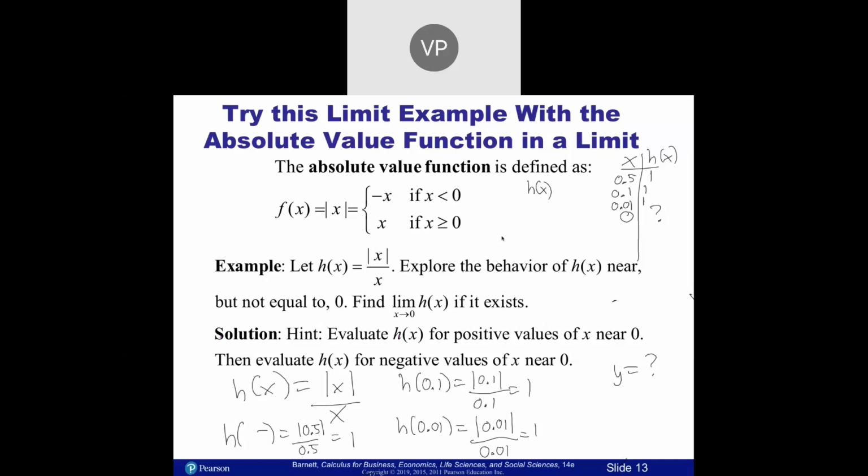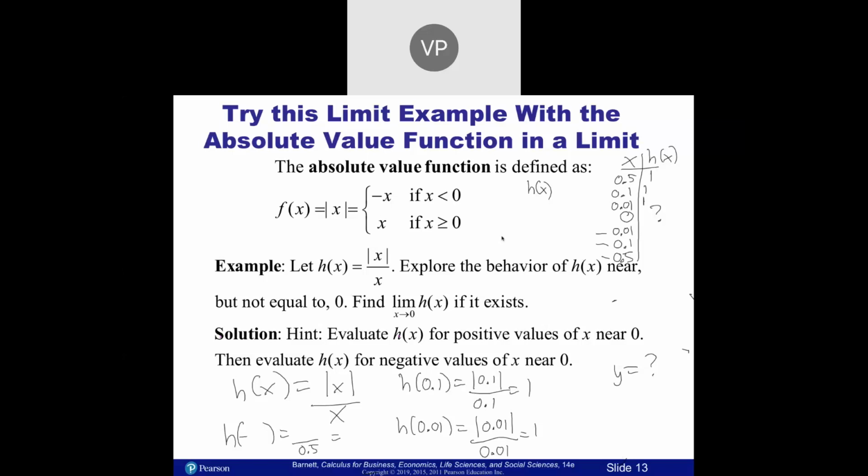Okay, however, let's start looking at it from the opposite side. Negative 0.5, negative 0.1, negative 0.01. I'm going to try to do this just to save a little bit of time for us, but let's see how it goes.